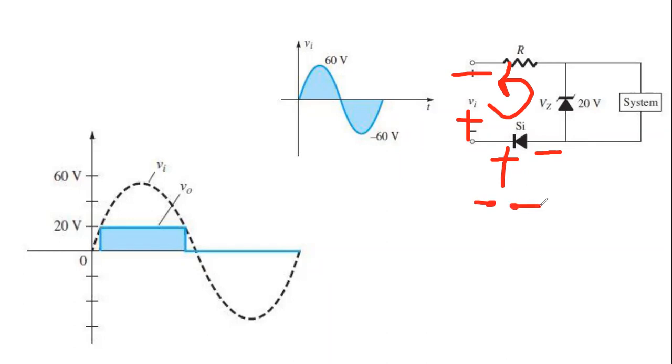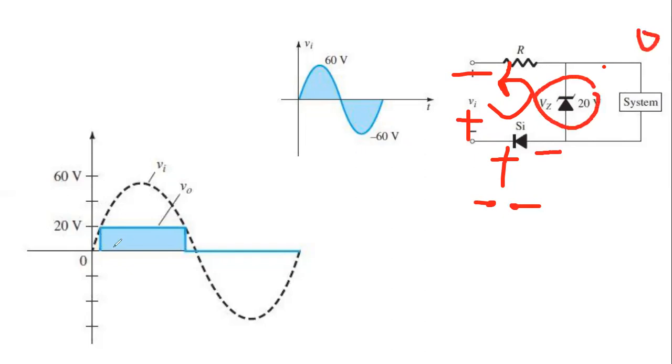When it is open circuited, there will be no current flow in this circuit. That's why we will not get the voltage in the output. So the output voltage will be zero.